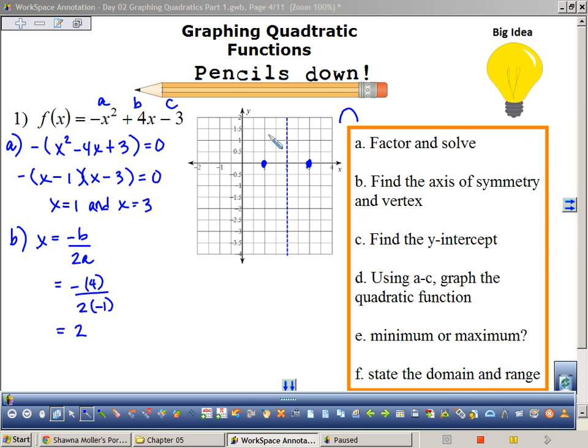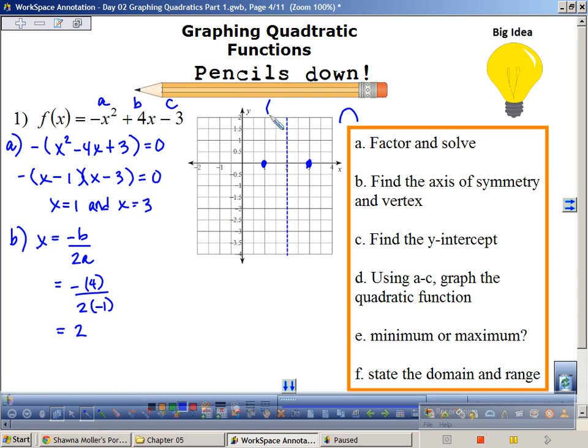Now let's find the vertex. I know the vertex lies on that line right there, somewhere where x is 2 and y is, we don't know. How would I find out? Plug it back in.